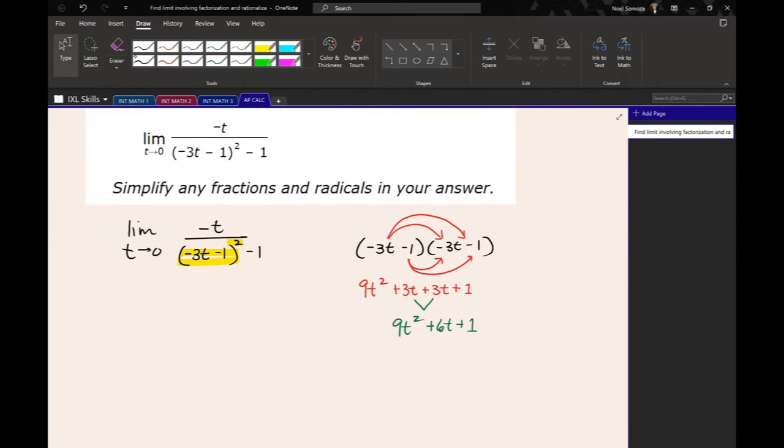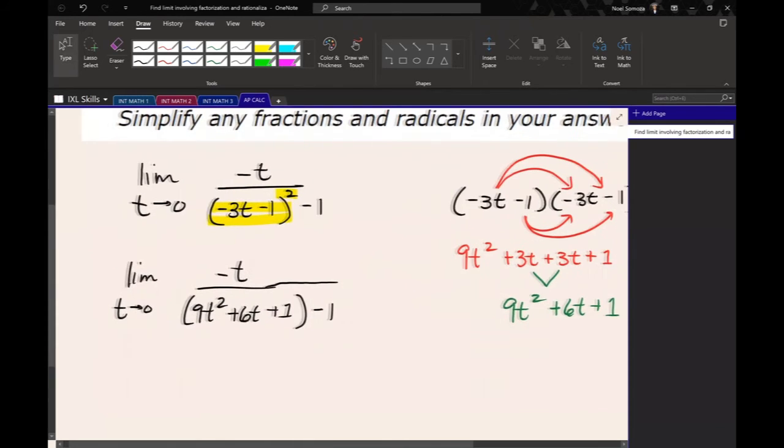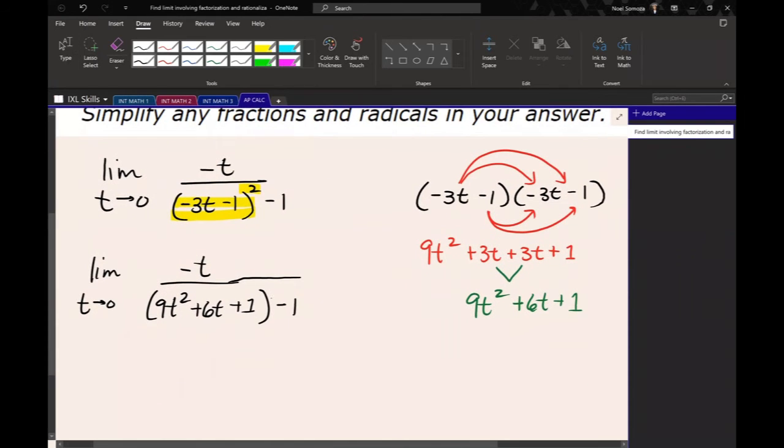Okay, so we're going to go back to the limit as t approaches 0, negative t all over 9t squared plus 6t plus 1 and then minus 1. Okay, so now we can go ahead and deal with this denominator, right? Notice how our parentheses at the moment are not really doing anything.